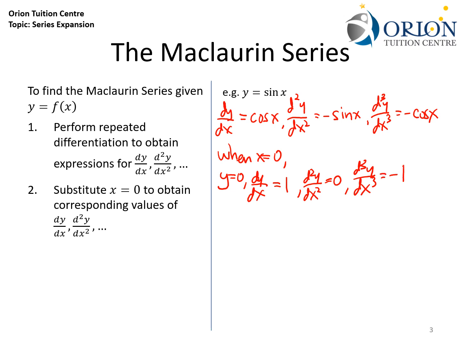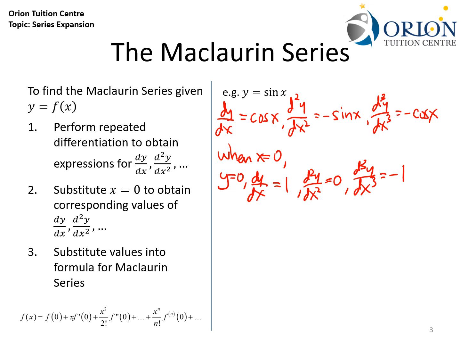With these values, we can substitute them into the formula and simplify. Eventually, we end up with sine x equals x minus x cubed over 3 factorial, and so on. If we recall the standard series for sine x, we get the exact same expression. Thus, the Maclaurin series is a general formula that can approximate any expression, including the standard series expansions.